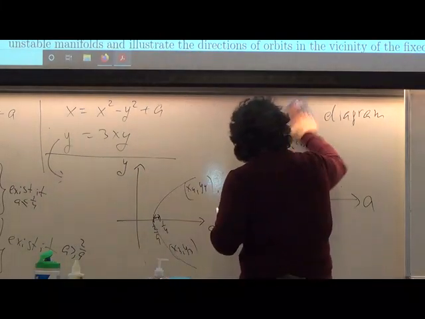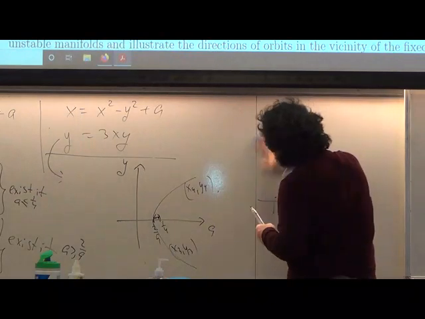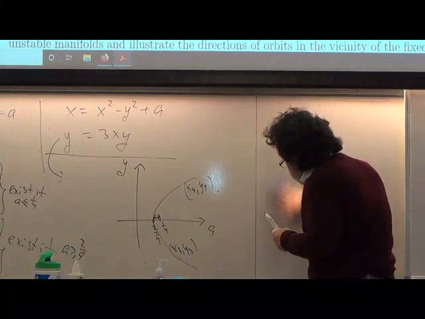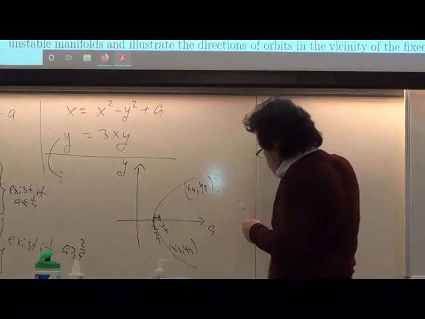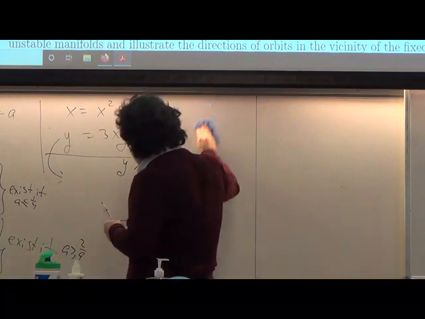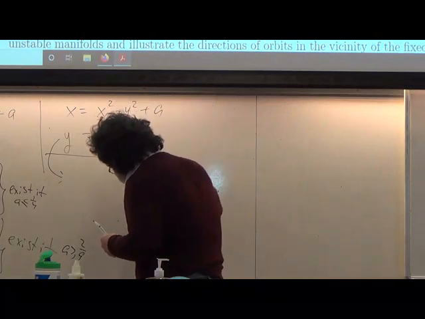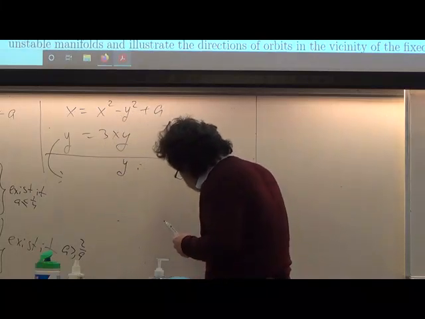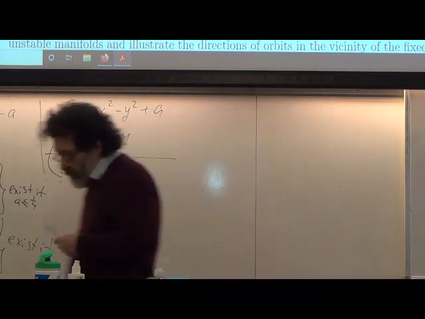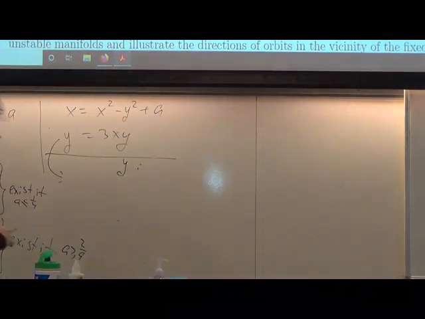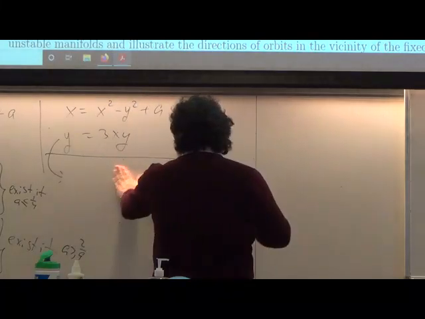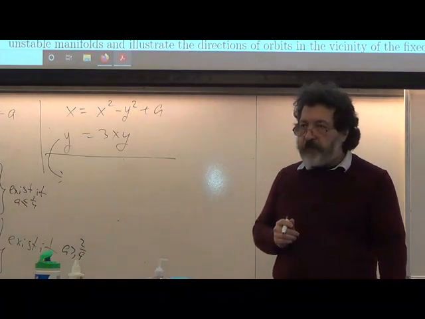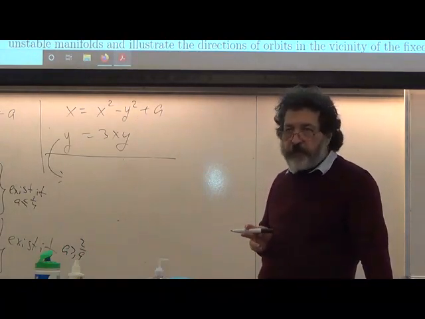To analyze the stability, what is the procedure to find out what kind of fixed points we have?